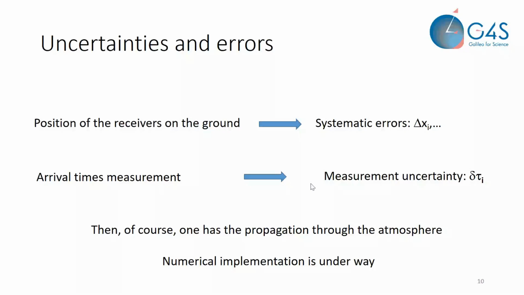So you have to account for systematic errors. You know where the surface stations are, but of course your knowledge is affected by some systematic error unavoidably. You have to measure the time with the clocks. Again, you have some systematics, and also you have an uncertainty coming from the measurement process.